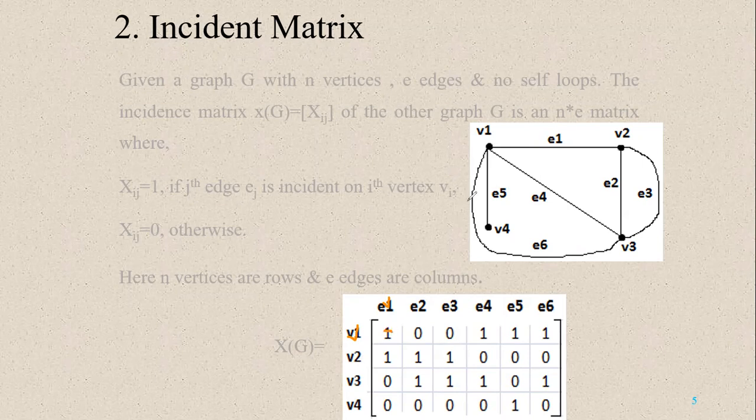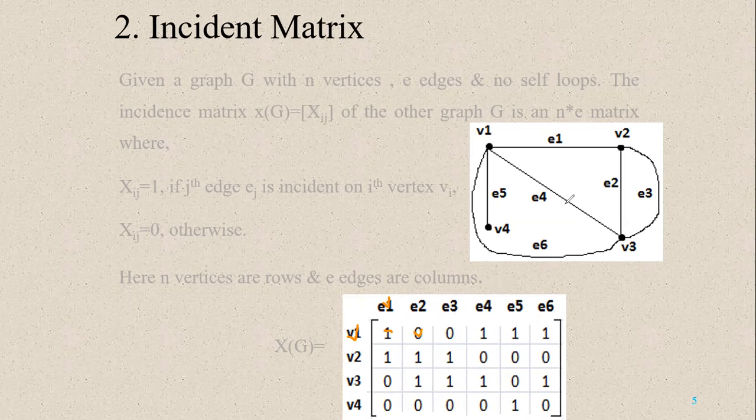Next, we check V1 and E2. This edge E2 is not incident with V1. Therefore, the value is 0. Next, V1, E3.